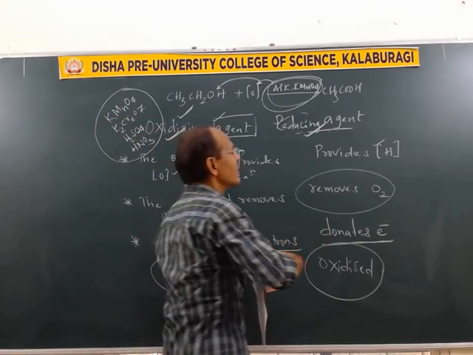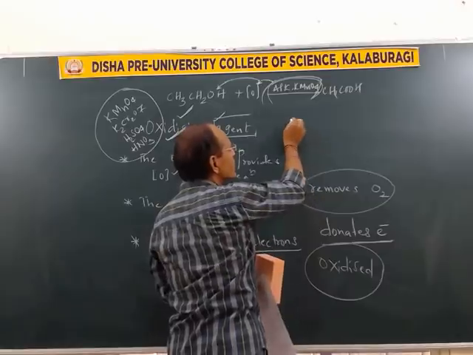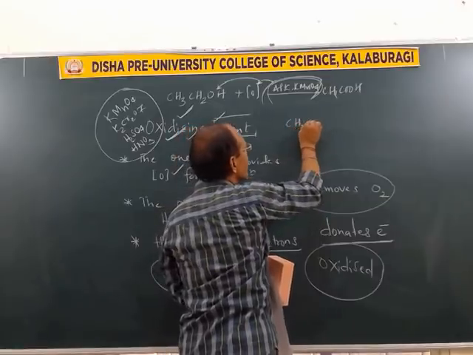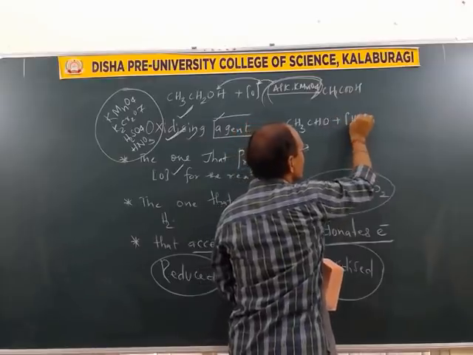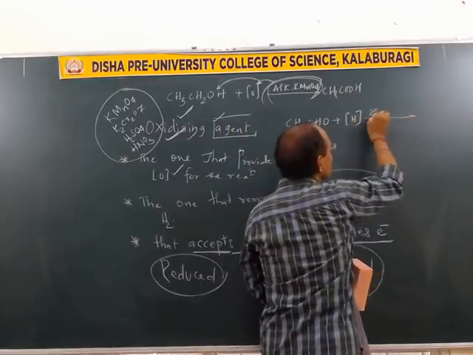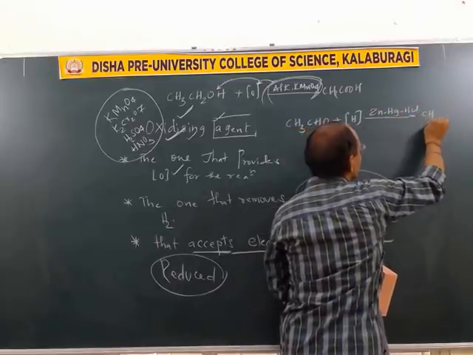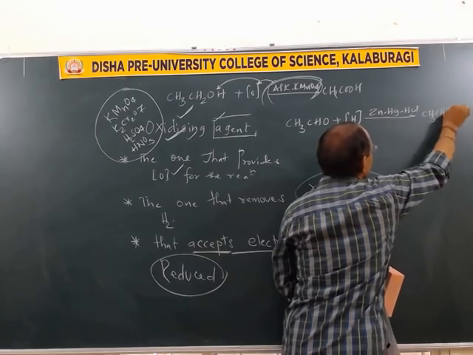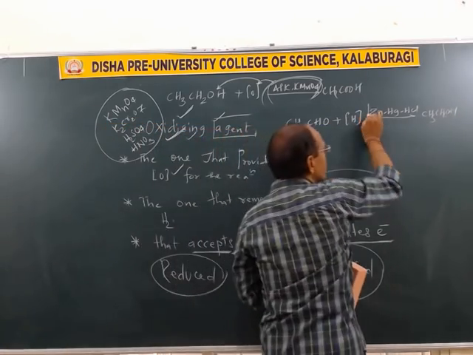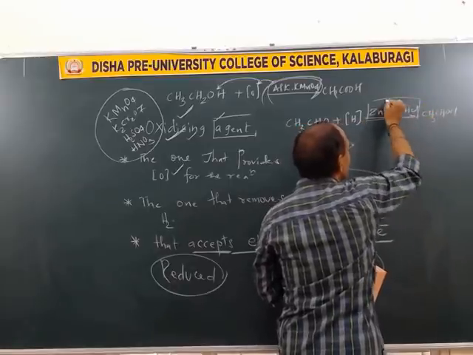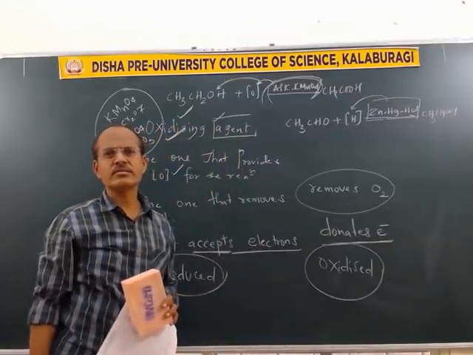Like that, if I take this example, CH3CHO plus H in presence of zinc amalgam with HCl, I am getting CH3CH2OH. That means this zinc amalgam with HCl provides the hydrogen, hence it is a reducing agent.